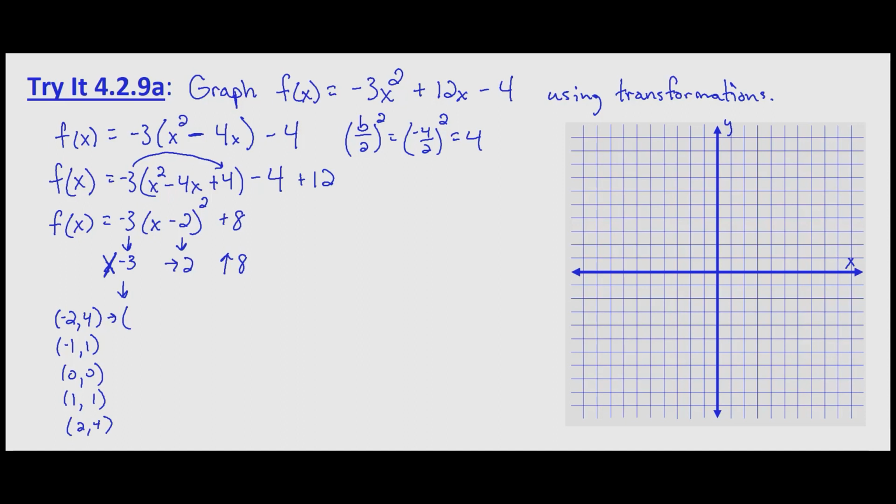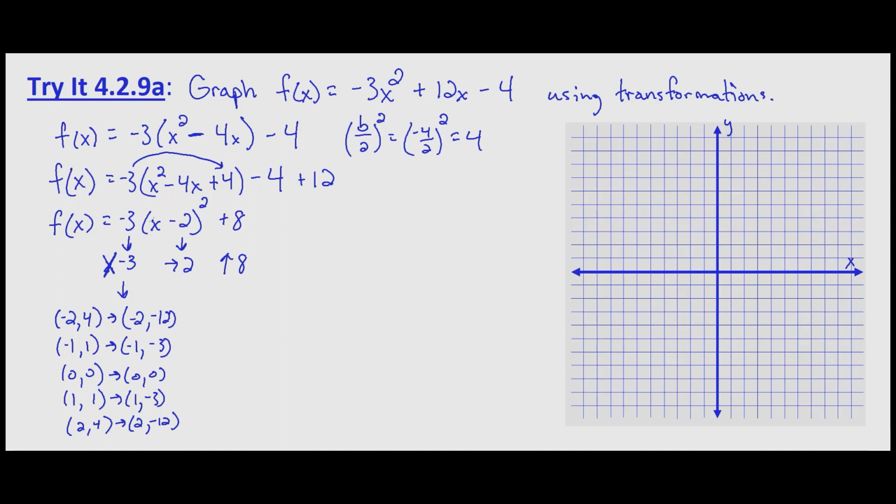So that's going to be negative 2, and then we'll multiply the 4 by negative 3, which gives us negative 2, negative 12. Same thing with the next. X stays the same, negative 1, and then 1 times negative 3 is negative 3. 0, 0 stays the same. 1, negative 3, and 2, 4 times negative 3 is negative 12.